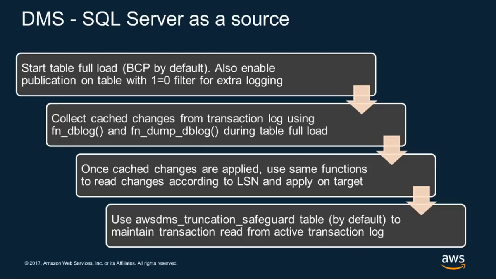We use something called the truncation safeguard table, which you can completely ignore and not use this feature at all. What this table does is maintain a dummy active transaction on the source database, making sure that DMS reads from the active transaction log for an extended period of time, and at the same time it gives you enhanced performance during the ongoing replication phase.